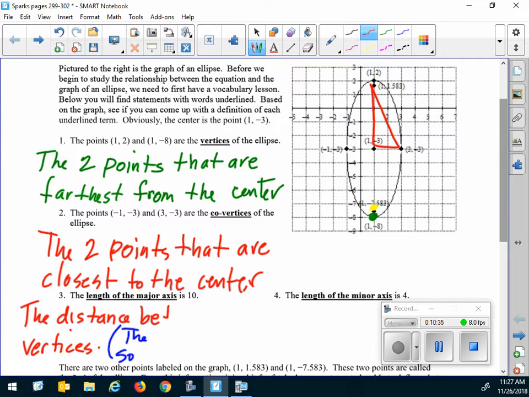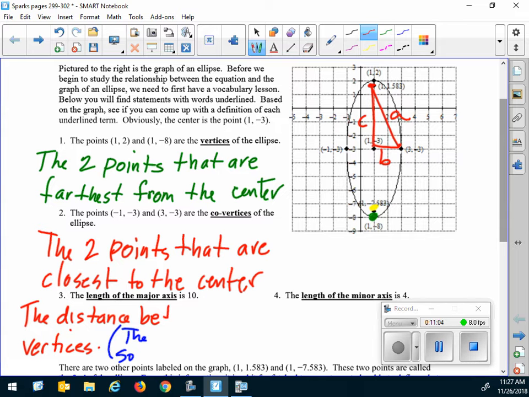We know that the distance from the center to a covertex is B. We know that the distance from this focus to this covertex was the same as A, right? Now, what we're going to do is call the distance from the center to a focus C. Now that picture is a right triangle.